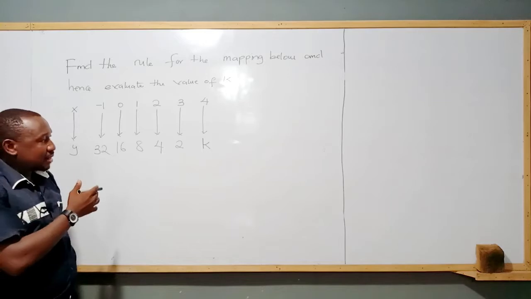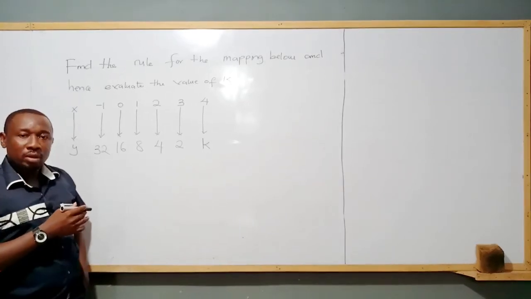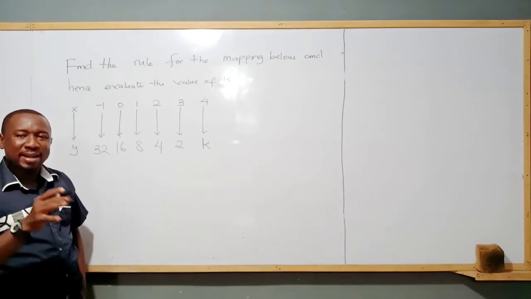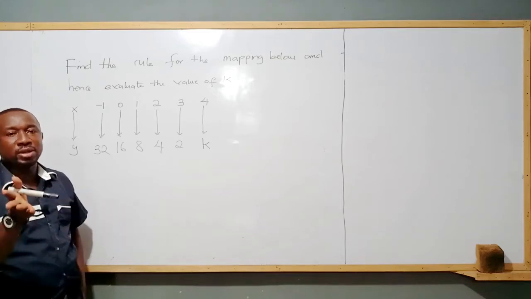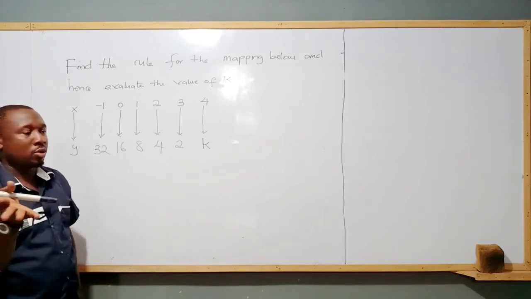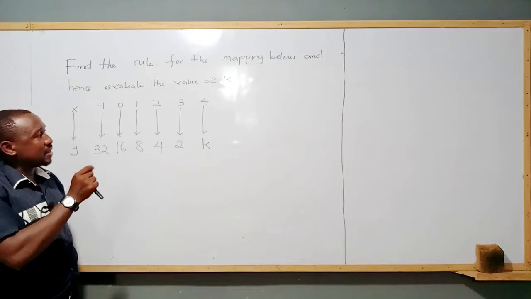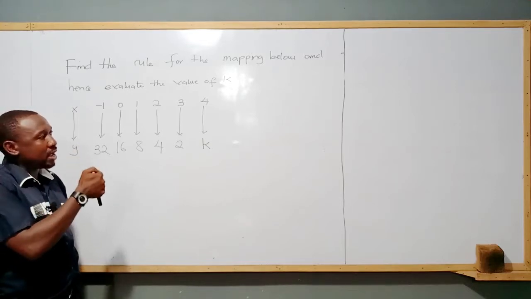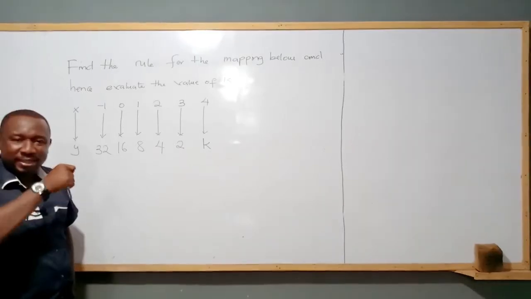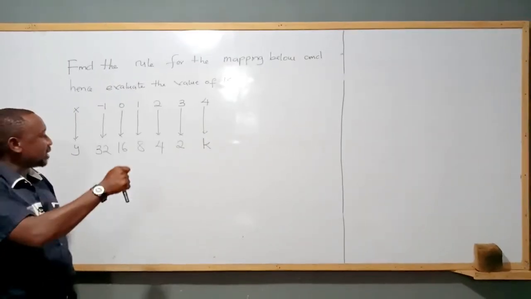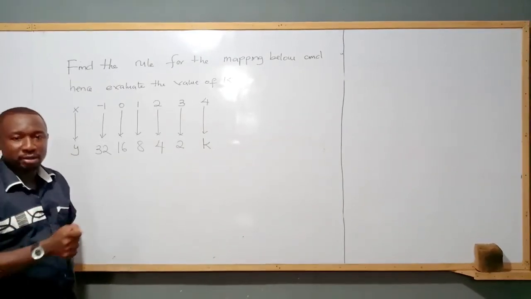When questions like this are given, the student should be able to identify that this question is a linear mapping, exponential mapping, or a kind of mapping where you can identify the rule by inspecting the x values and also the y values.